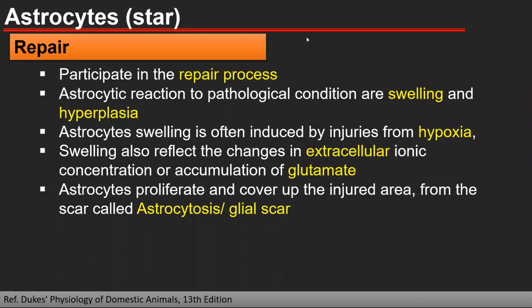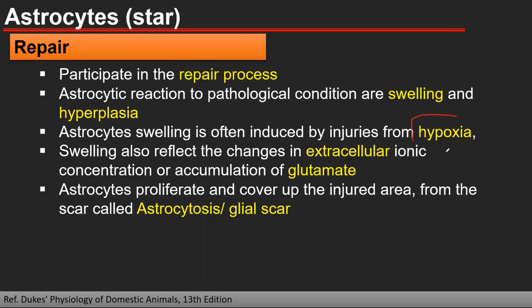Repair mechanism. Astrocytes are also involved in the repair mechanism. They participate in repair processes. In pathological conditions, the astrocyte swells up and also increases in number. That is called hyperplasia. Astrocyte swelling is also induced by injury from hypoxia.